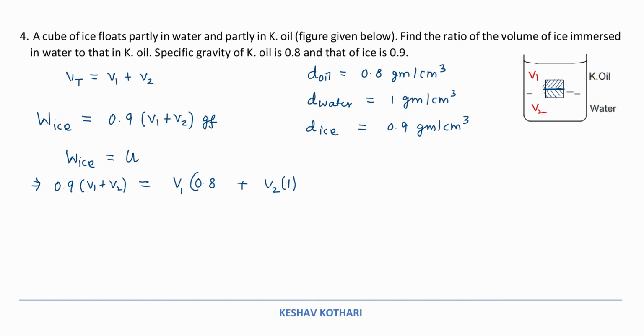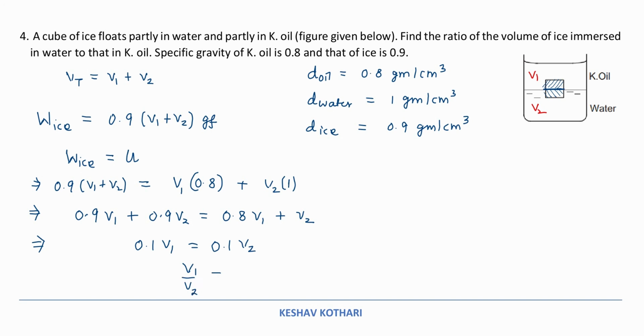So 0.9 V1 plus 0.9 V2 is equal to 0.8 V1 plus V2, and hence 0.1 V1 is equal to 0.1 V2. So V1 is to V2 is equal to 1 is to 1.